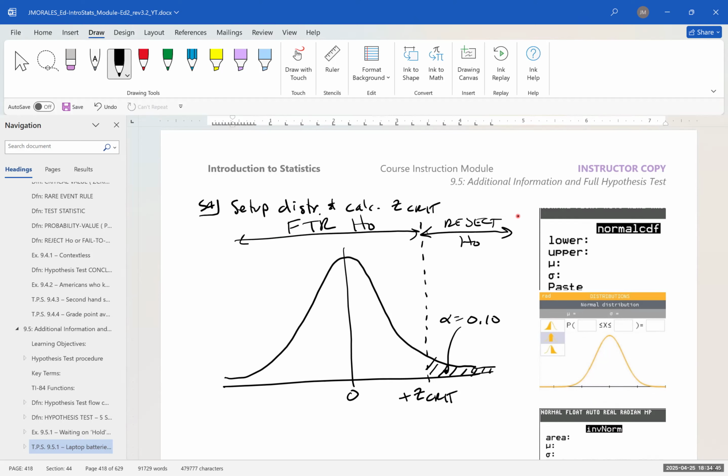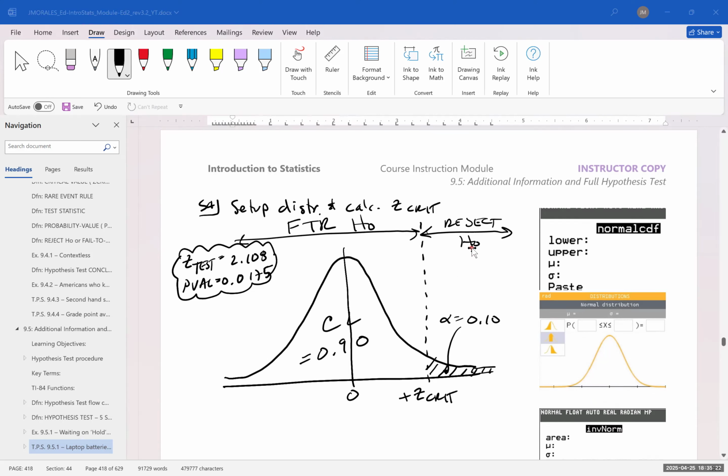So we have a significance level of 0.10, then a confidence level of 0.90. We know we got a test statistic of 2.108 and a p-value of 0.0175. I'm just carrying this over from the previous page.